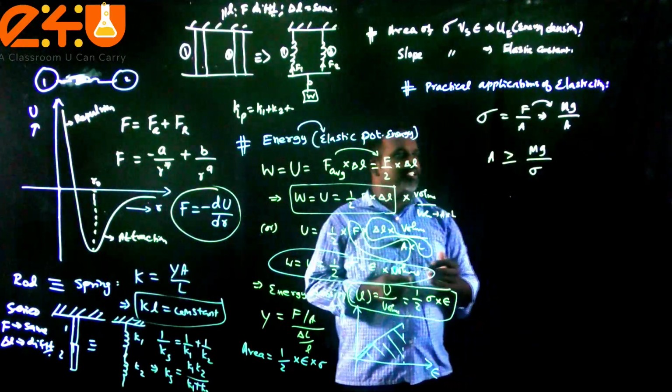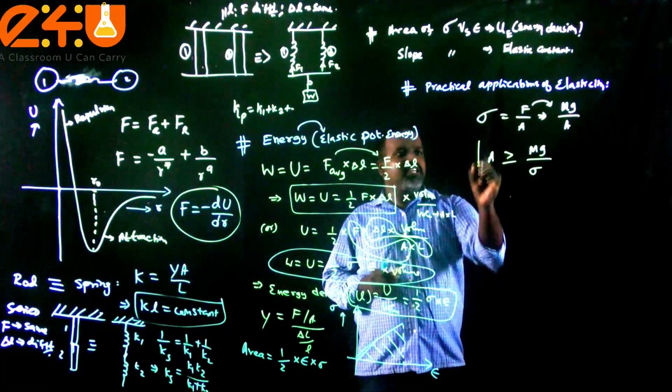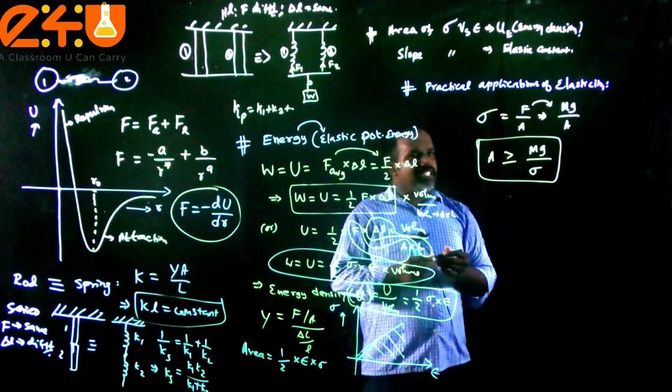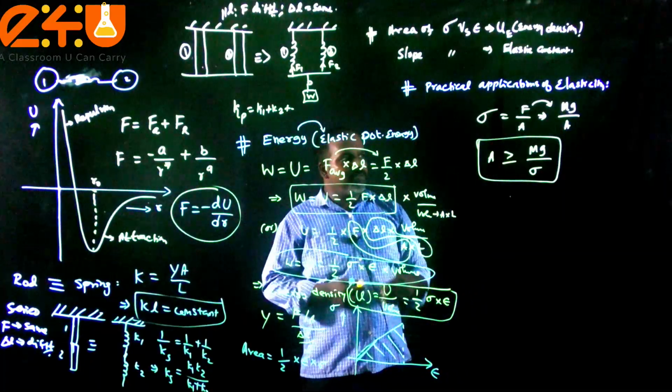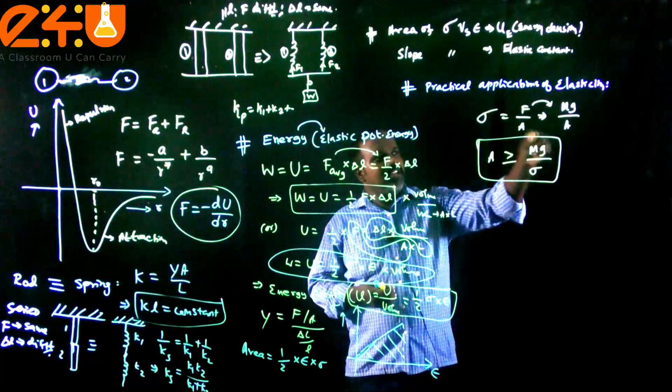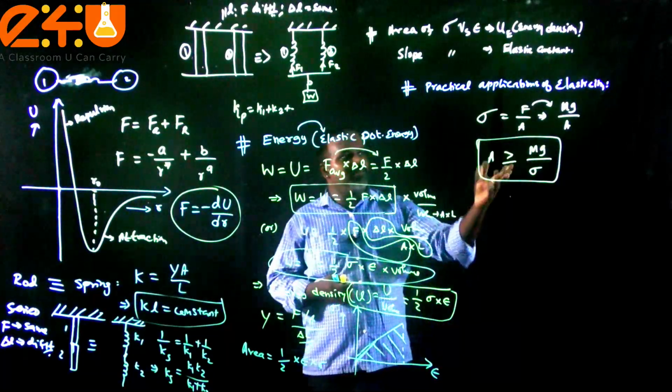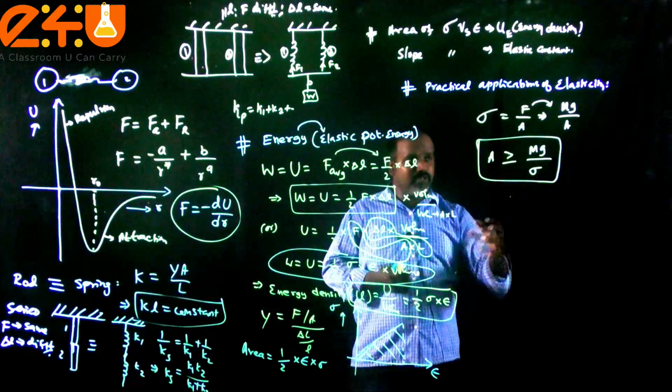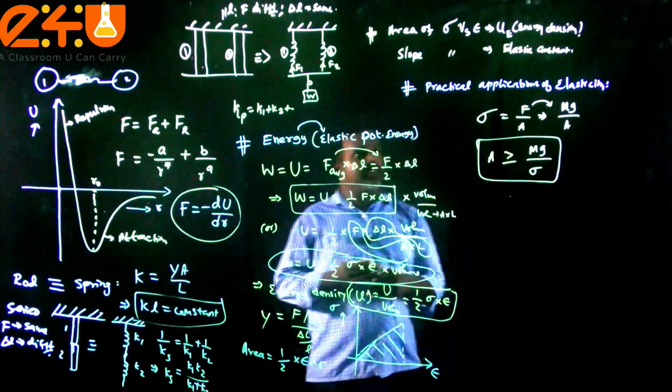I just modified this equation. This is the essential condition to select the suitable diameter of the rope to lift the given object or mass, generally used for engineering purposes.